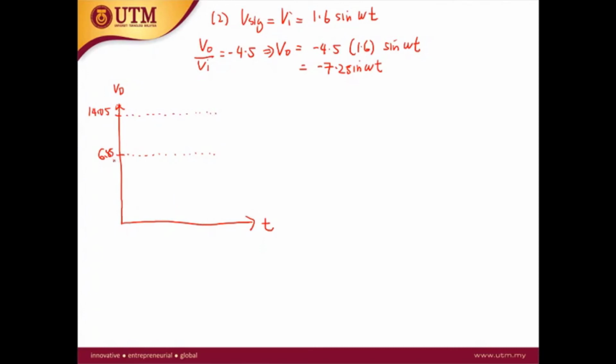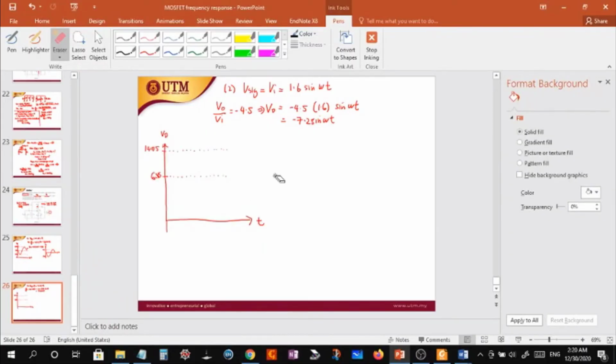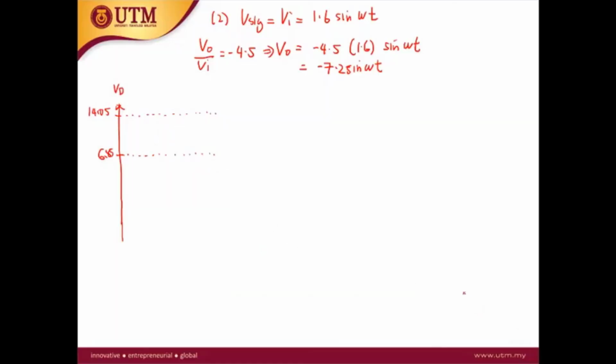And then the minimum value of the oscillation is 6.85 minus 7.2. Actually the scale is not that good, so let me redraw this graph.